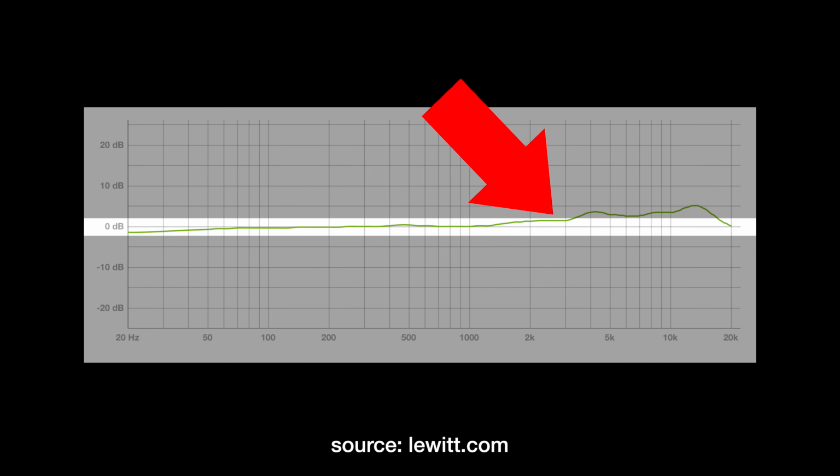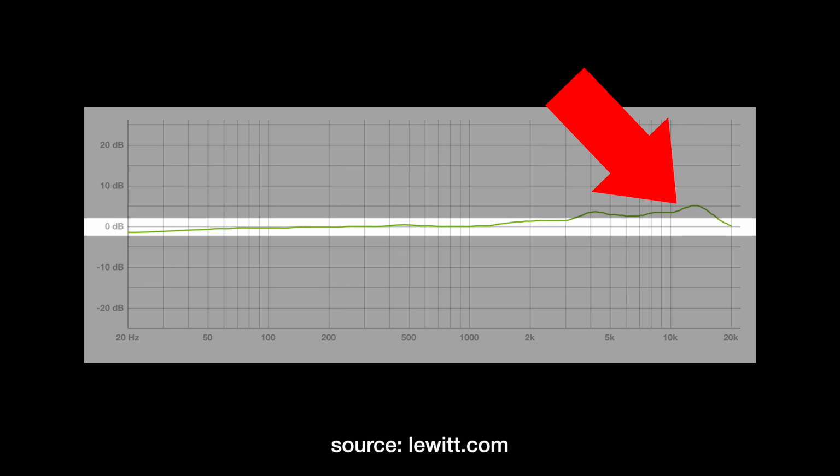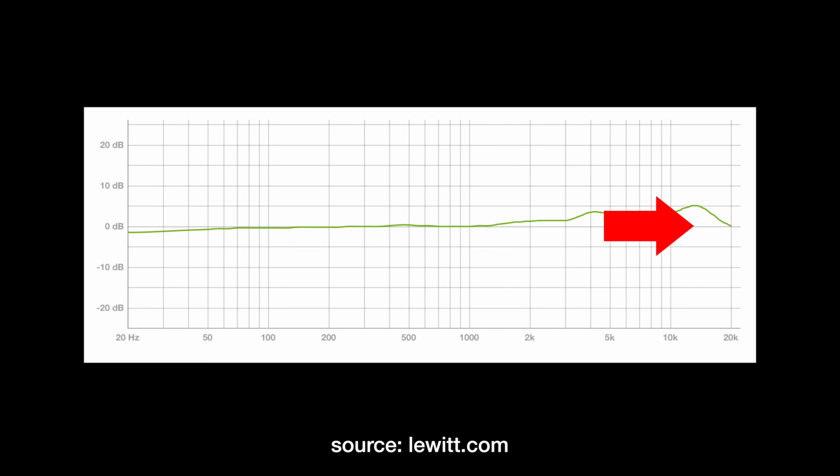But when the squiggly line is above this, as it is above about 2 kilohertz on this graph, that means those frequencies are going to be boosted and sound a bit louder, and in this instance, this mic is going to be brighter. I should also note that as the squiggly line gets further away from that 0 dB line, that means the boost or the cut is going to be more exaggerated, and that frequency is going to sound louder or quieter.